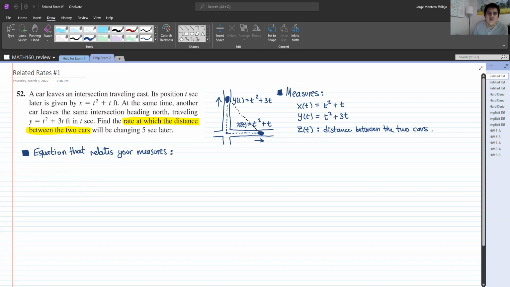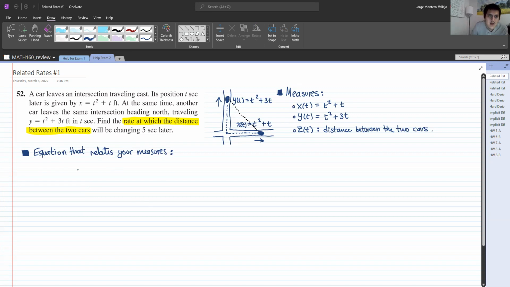Okay, so as we have said before, that equation is going to come from the Pythagorean theorem, right? Because we have that right triangle. Okay, so let's use it. Let's write down that formula, by using the three measures that we are using in this problem.